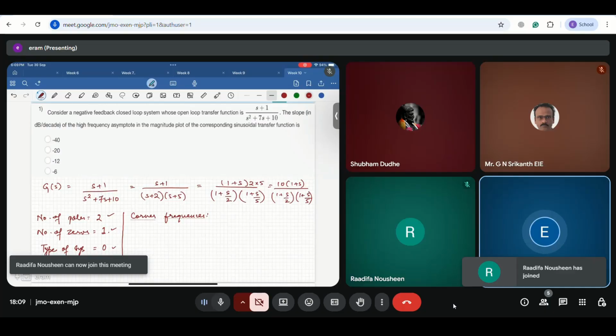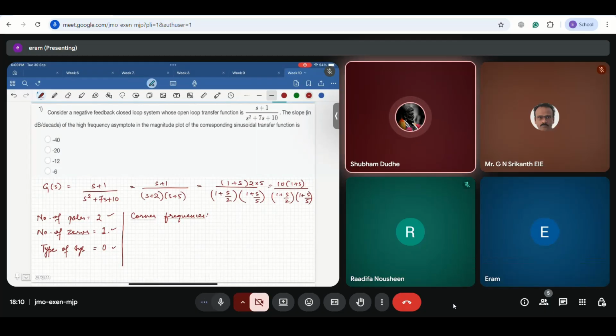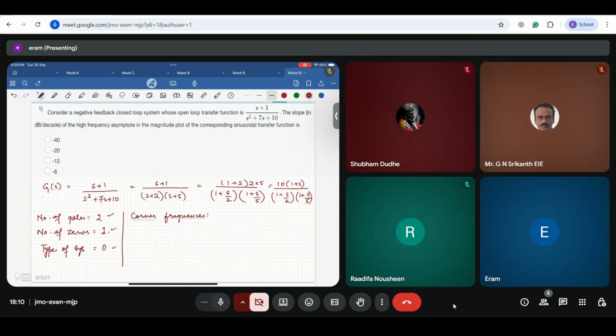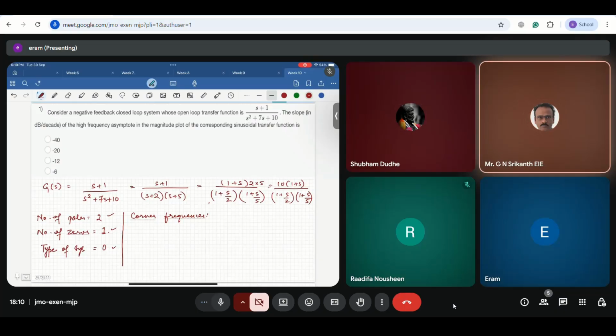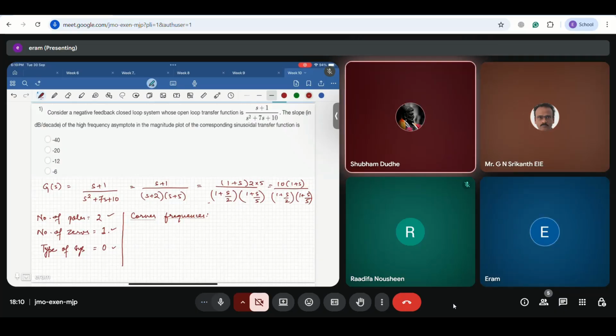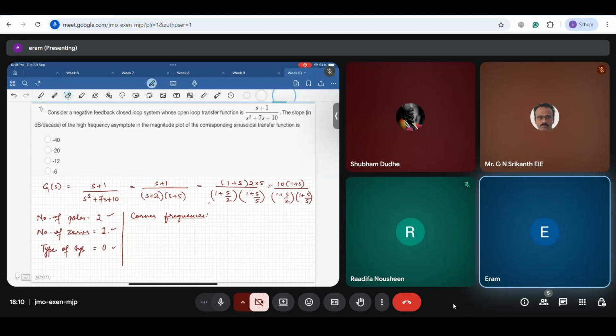Now can you identify the corner frequencies? Ma'am, will this 2 into 5 be in the denominator? Yes, it will be in the denominator, then finally this denominator will be the numerator. Let me show you how we have converted it into the time constant form. We have 1 plus s, so T equals 1 here.